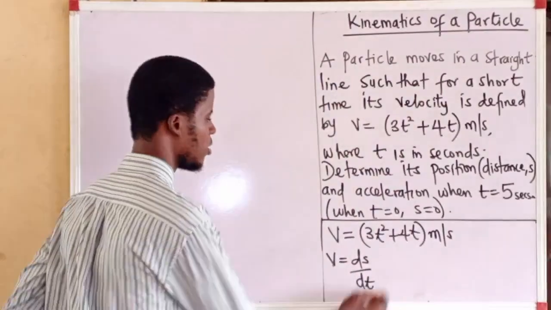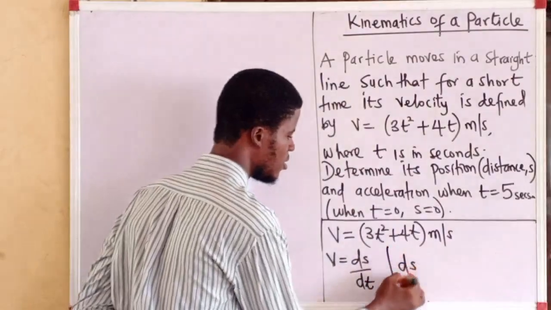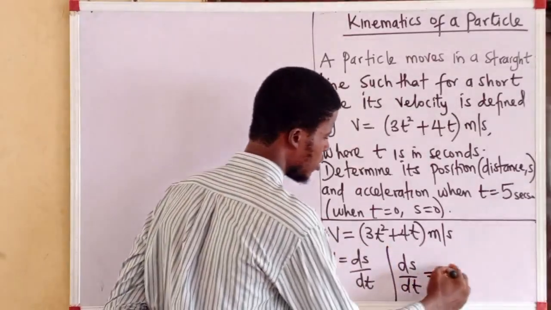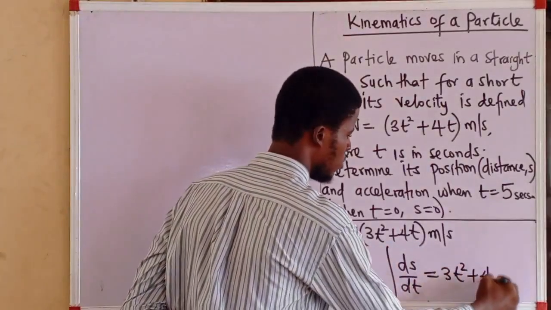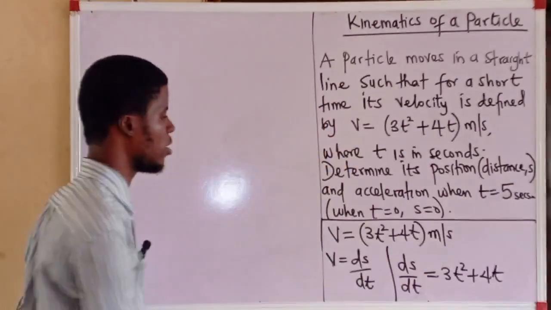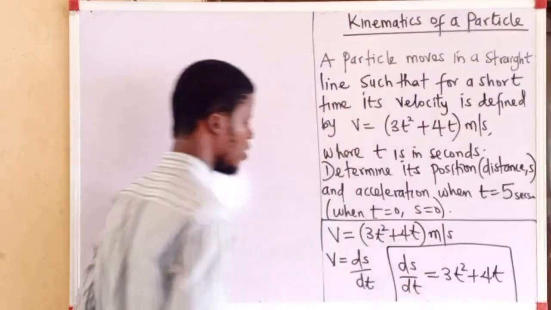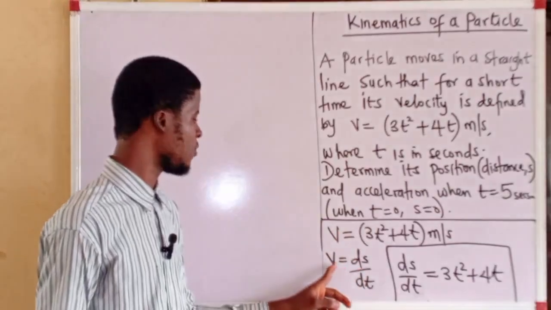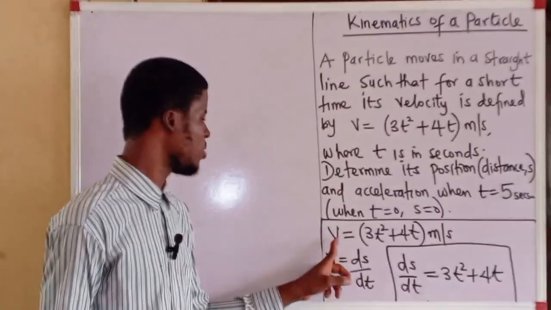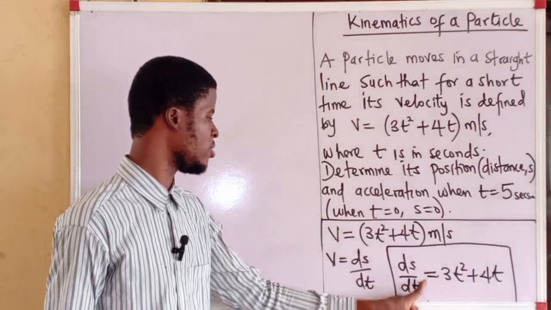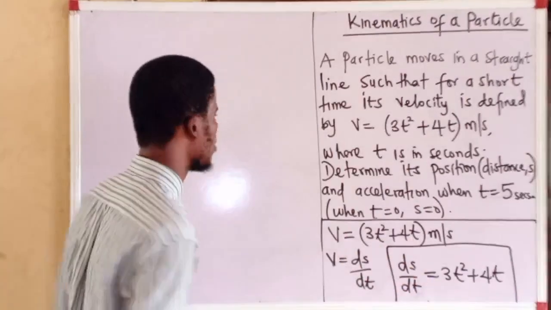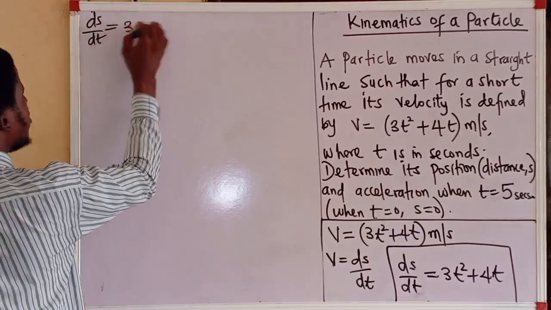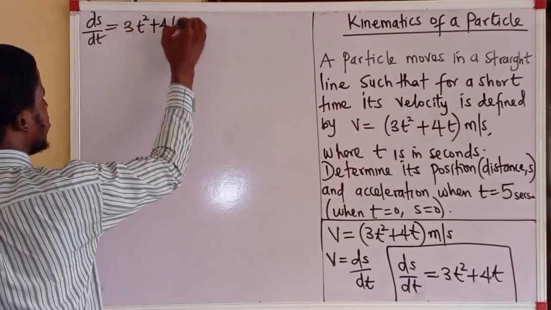So I want to say that ds/dt, which is velocity, is equal to 3t squared plus 4t. Since velocity is the rate of change of distance or displacement with time, I can say v equal to ds/dt. So in place of v here, I'm writing ds/dt, which is equal to this. Now, ds/dt is equal to 3t squared plus 4t.